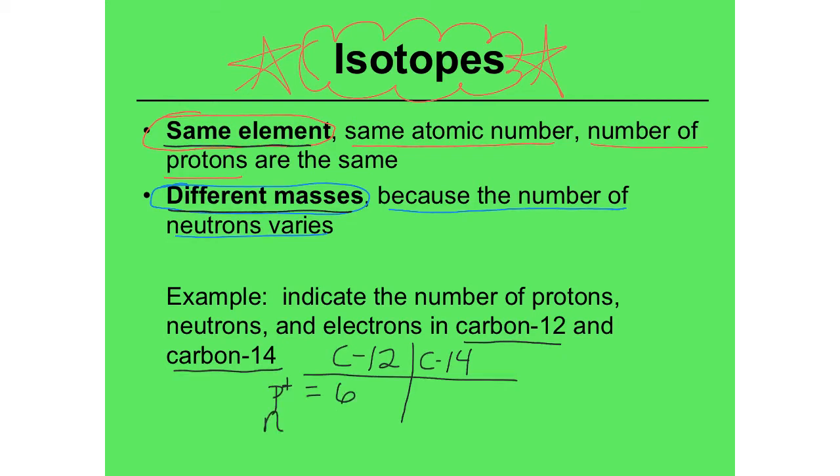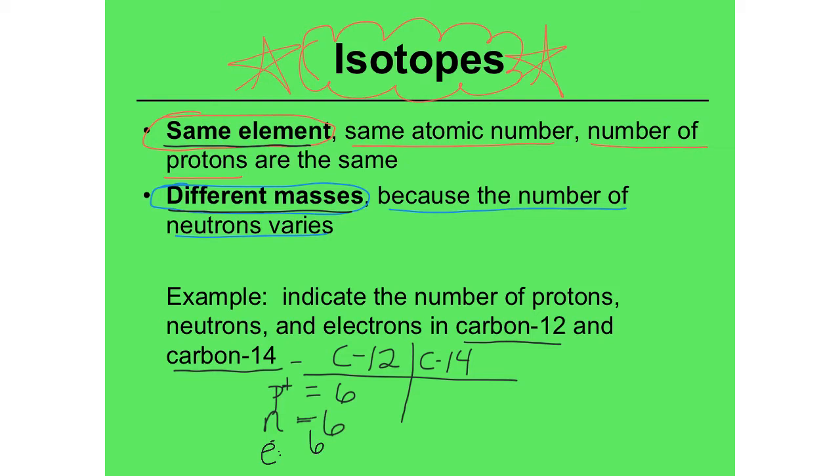If its mass is 12, then we would also have 6 neutrons. And since it does not have a charge, we also would have 6 electrons here.